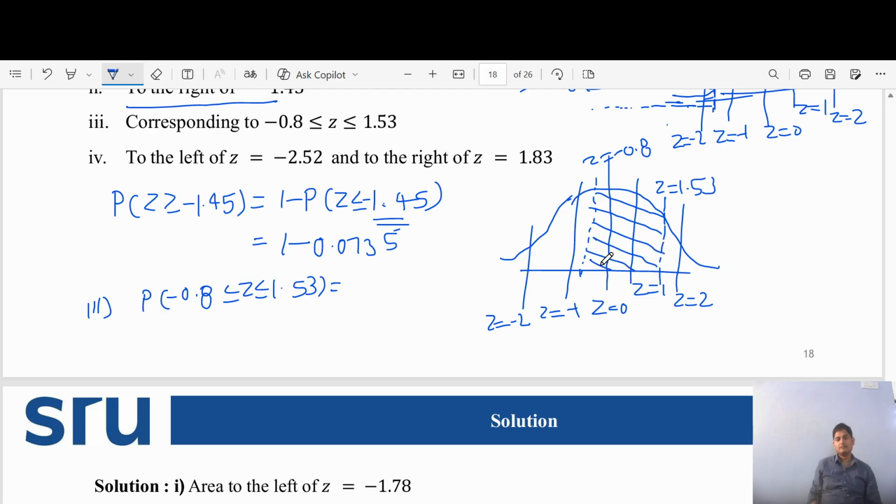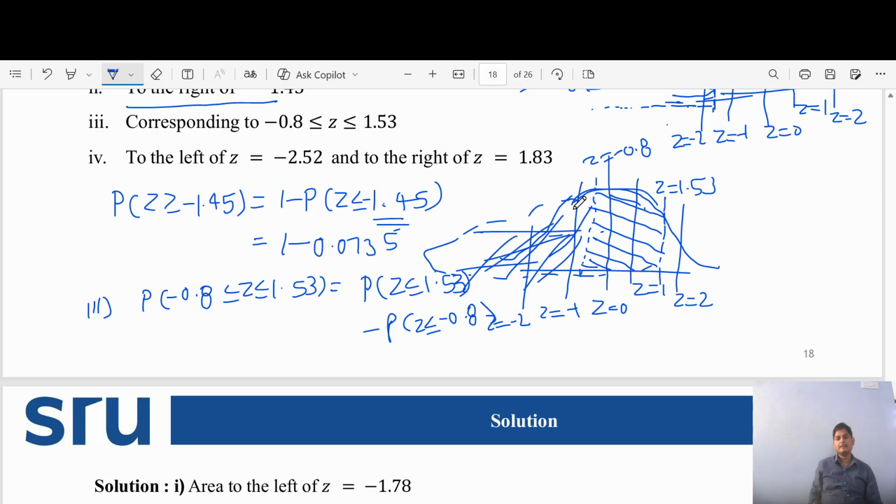The area of this portion. So how will we find it? We first find P of Z less than 1.53, meaning thereby we evaluated the whole area. Minus P of Z less than minus 0.8, meaning thereby if we evaluate the whole area and subtract this area from the whole area, then we find this area.